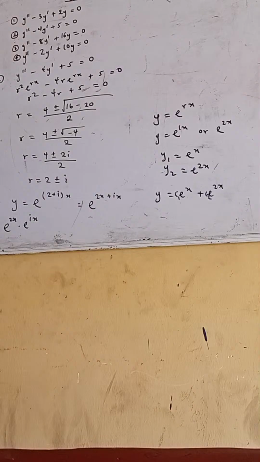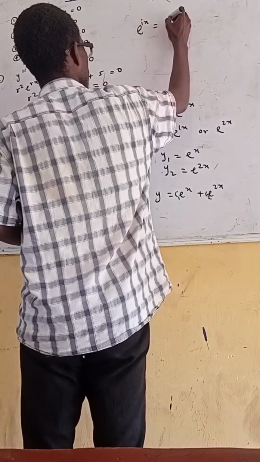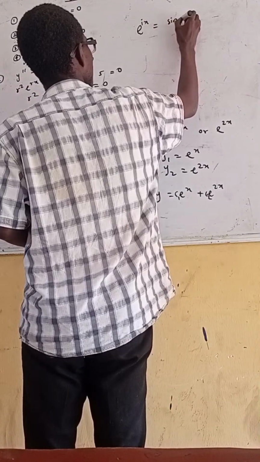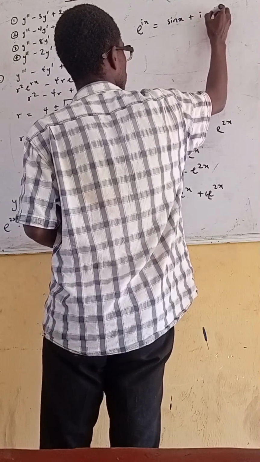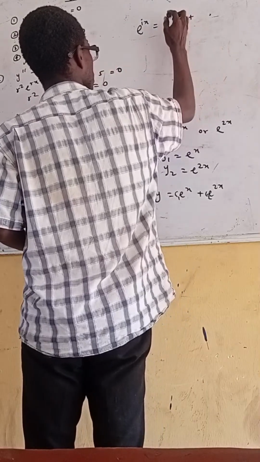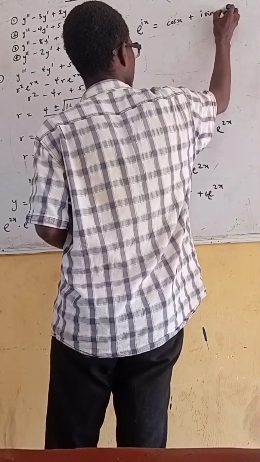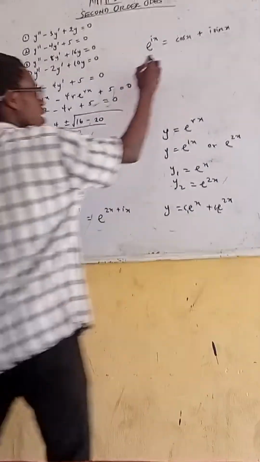Now, according to Euler, e raised to power ix equals what? Cos x plus i sin x. So this i is a constant, so we just take e raised to power ix.